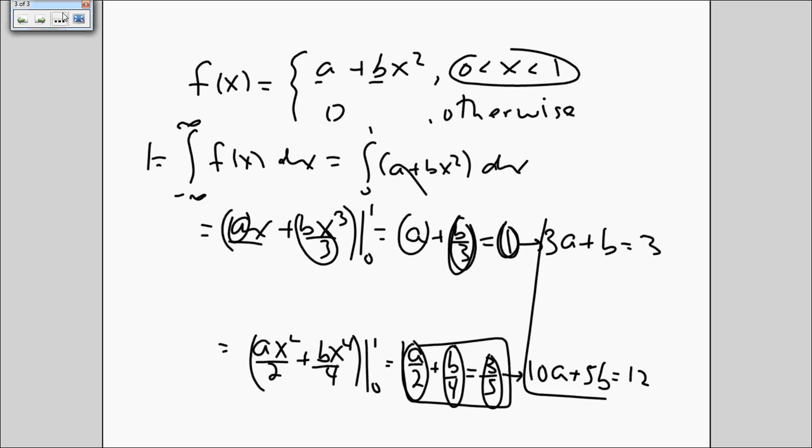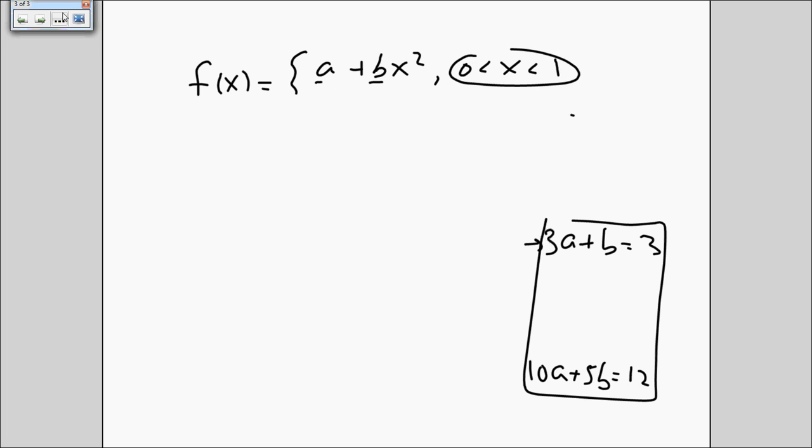So here are my two equations, and that I can solve. That's how I can find a and b. So let's get rid of a lot of stuff and solve for a and b. Two equations, two unknowns. I look at 3 and 10 and an understood 1 and 5. It's easier to get the 1 and the 5 to be the same.